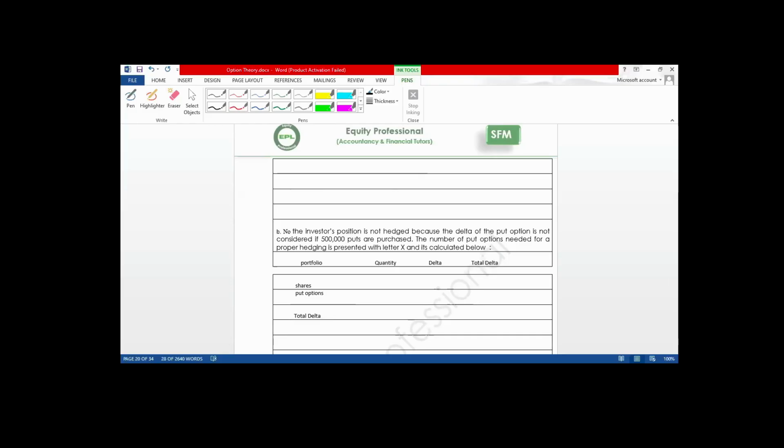The appropriate response is no. The investor's position is not hedged because the delta of the put option is not considered.